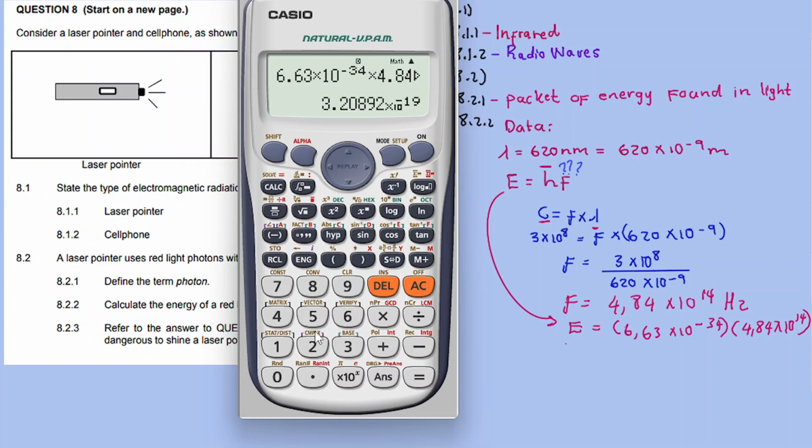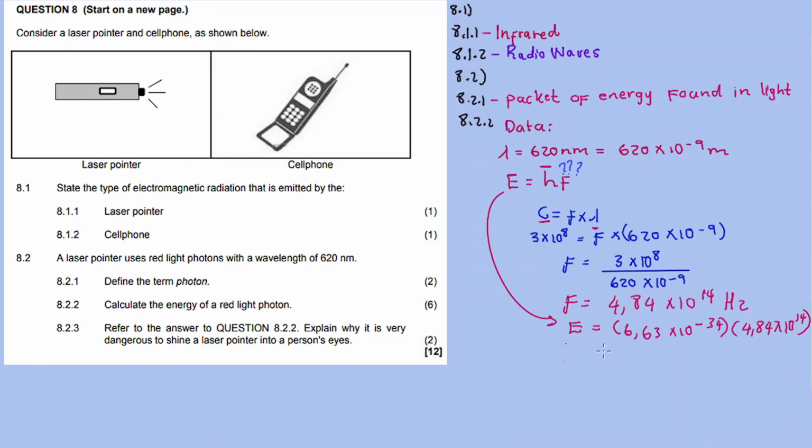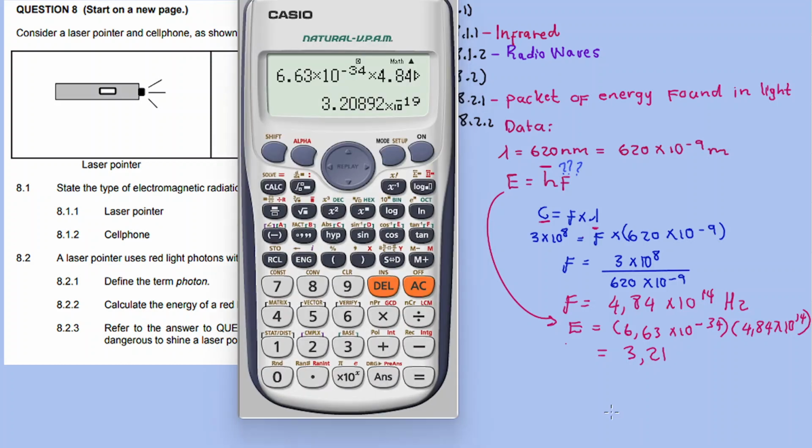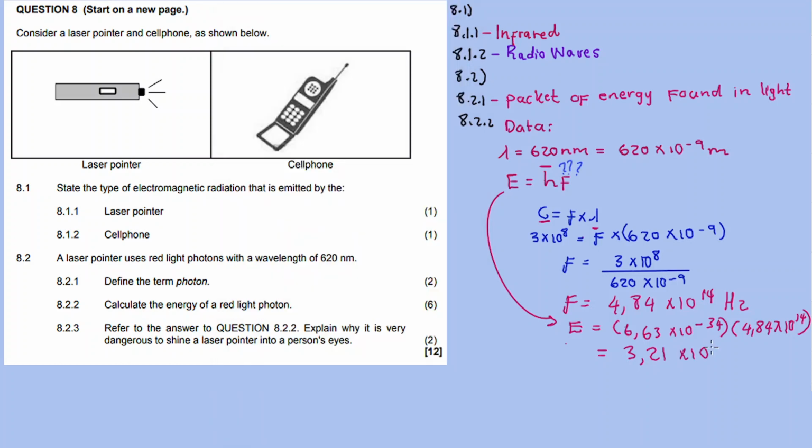Let's rectify this. We get 3.21 times 10 raised to exponent minus 19 joules. This is our energy emitted by a red light photon.